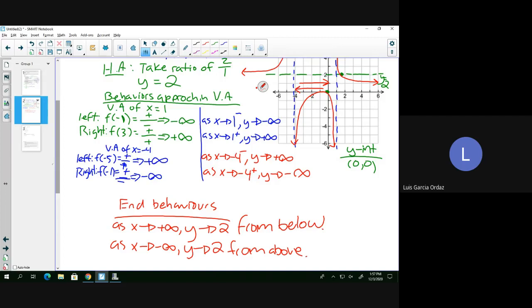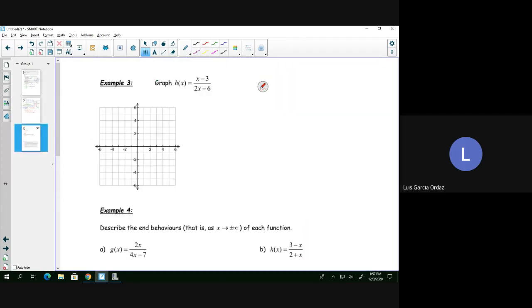So is it starting to make more sense now than it was in the beginning? Okay, perfect. So we have 2 more examples. They're not hard.